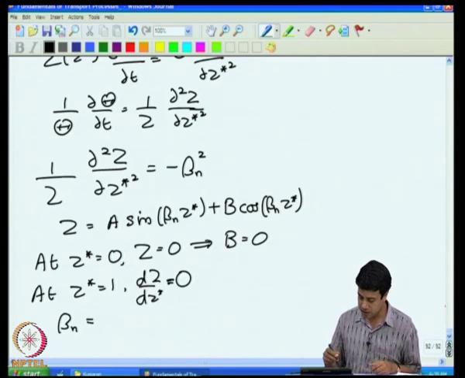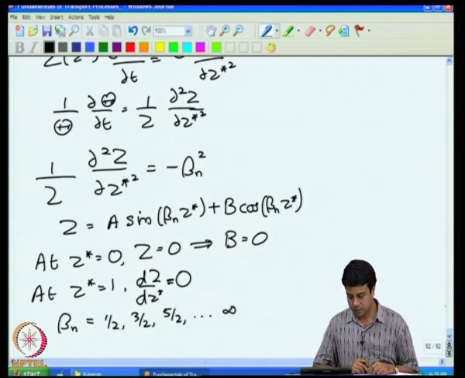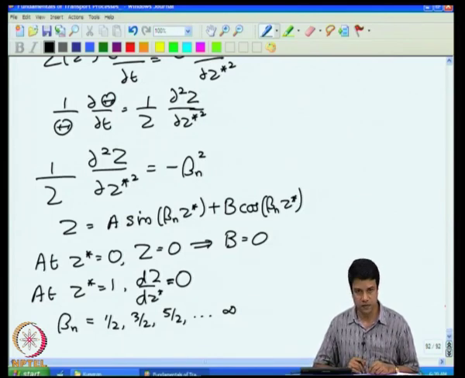That means that beta n has to be equal to half, 3 by 2, 5 by 2, etc. to infinity. Only if beta n is these values will you have the slope of the sine function being 0 at z is equal to 1.